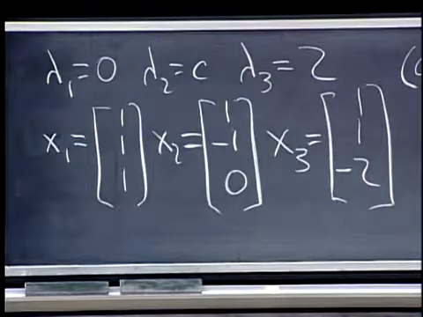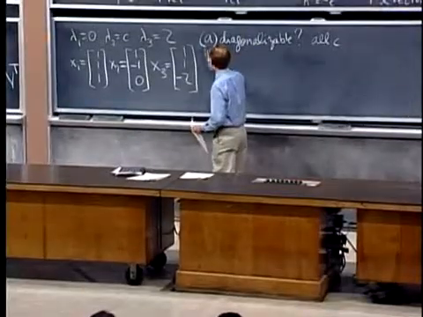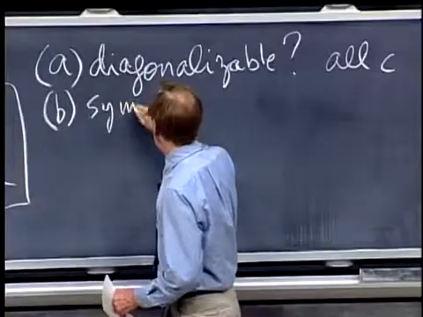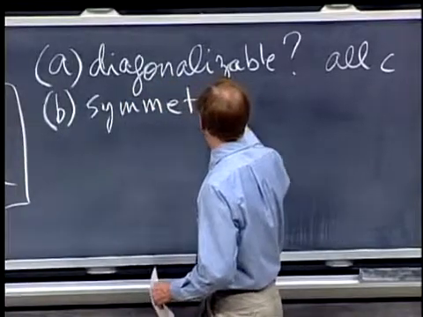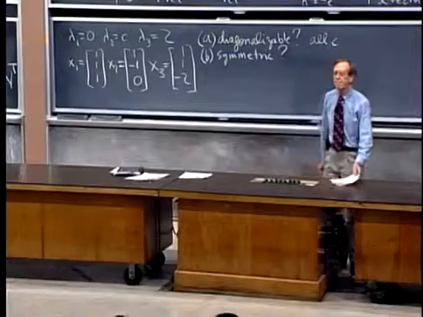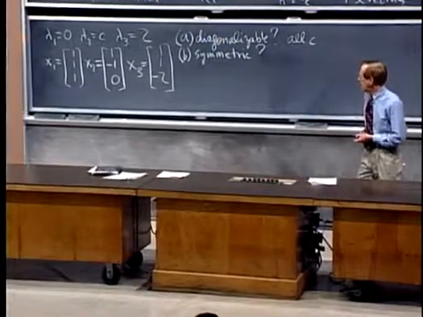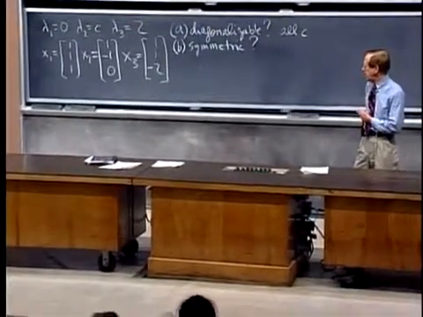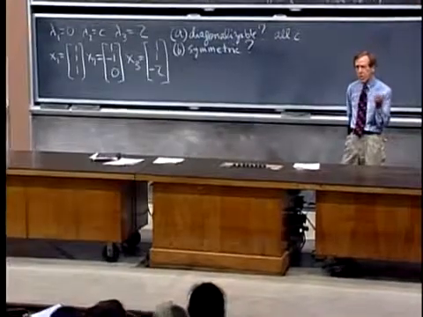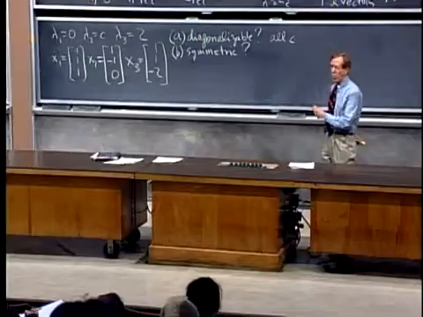Okay, second question. For which values of C is it symmetric? What's the answer to that one? If we know the same setup, if we know that much about it, we know those eigenvectors, and we've noticed they're orthogonal, then which C's will work?